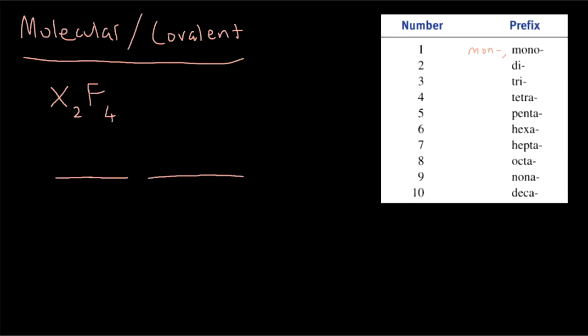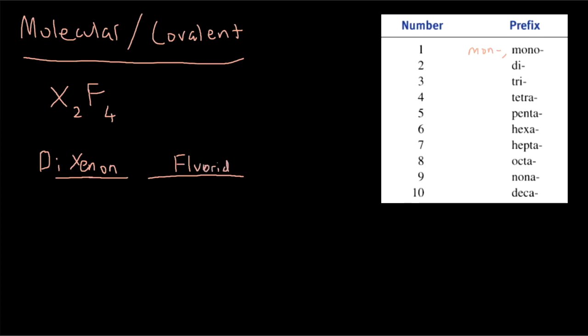So for this one, we're going to write xenon. And since there's two, we're going to have to pick the prefix. The prefix for this is di. Di. Let me make that a capital letter. Now, for this element, which is fluorine, we're just going to write fluorine. Oh, sorry, fluoride.